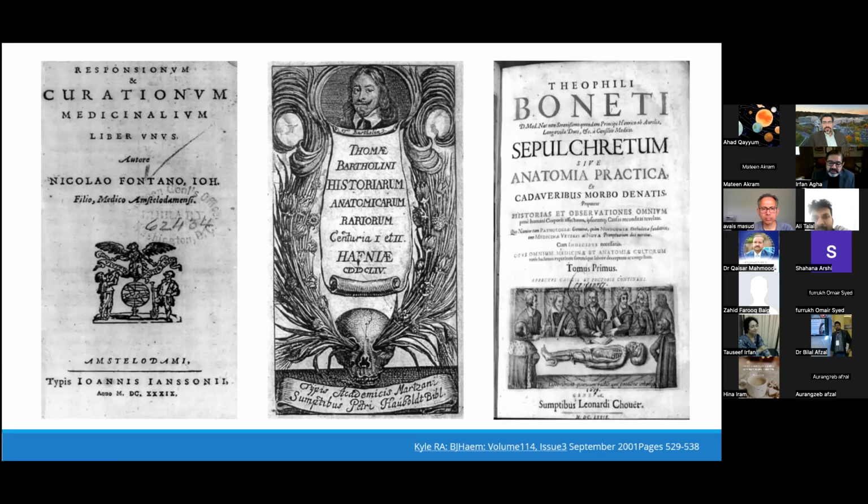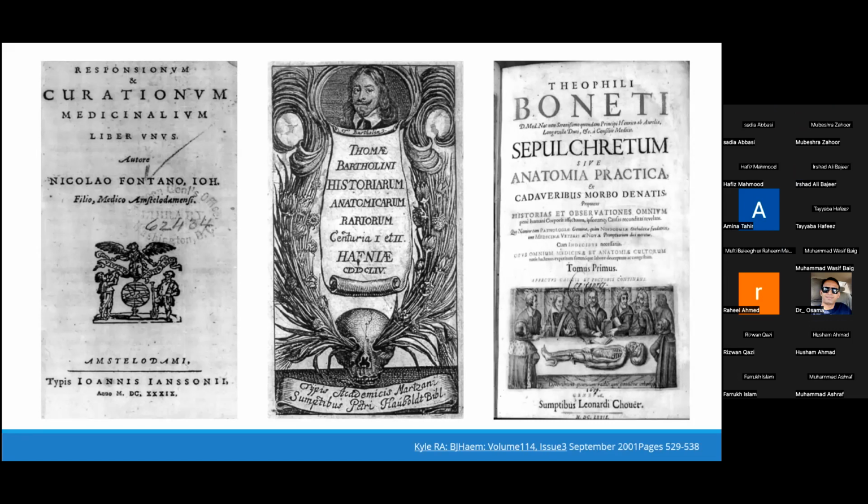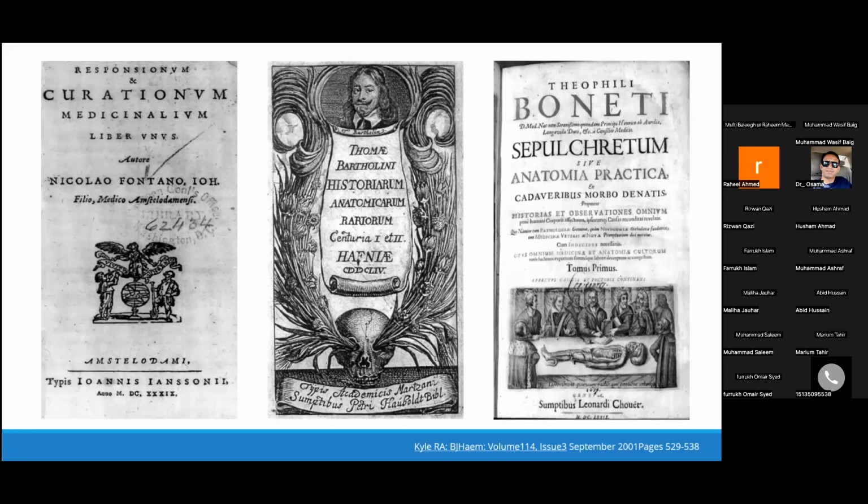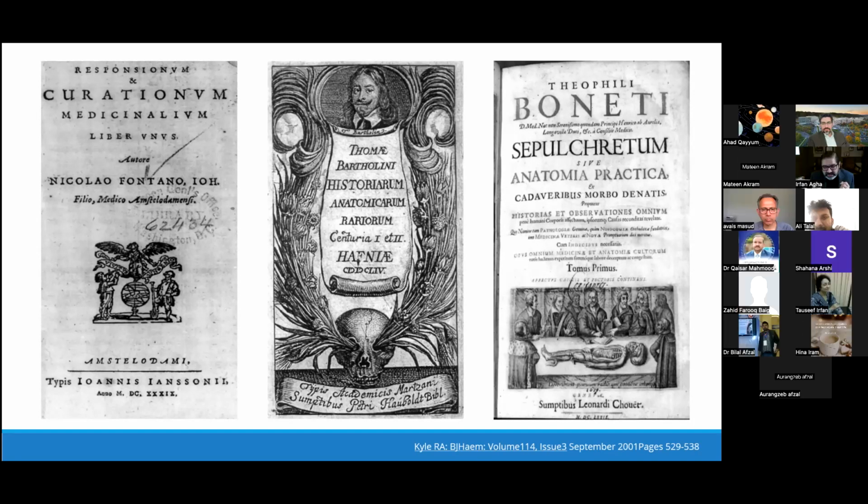So in the next 100 to 200 years, there was a lot of discussion about these diseases where there were patients with massively enlarged liver, hardened spleens with a gray gelatinous albuminous material.